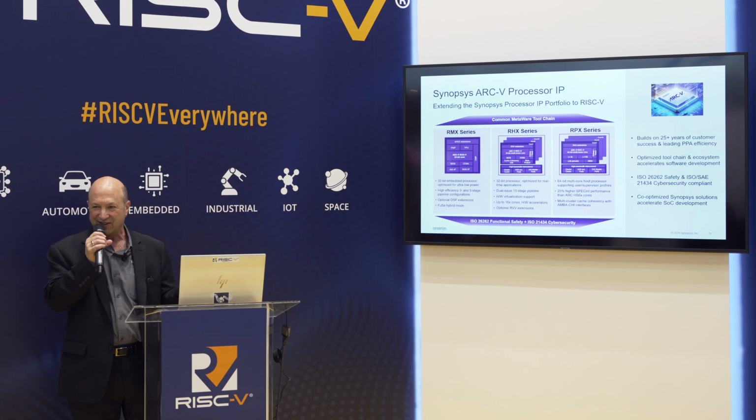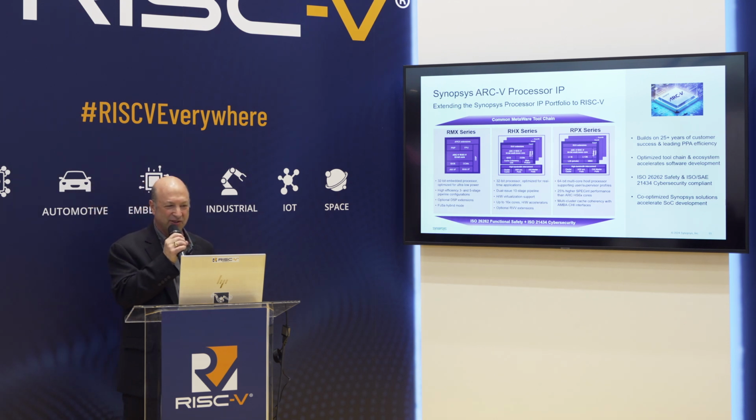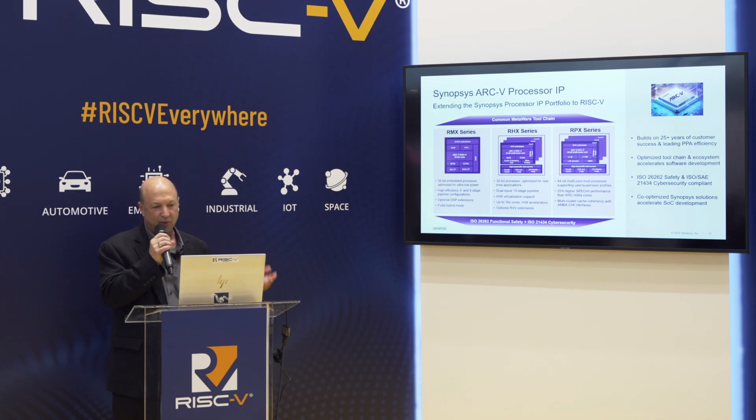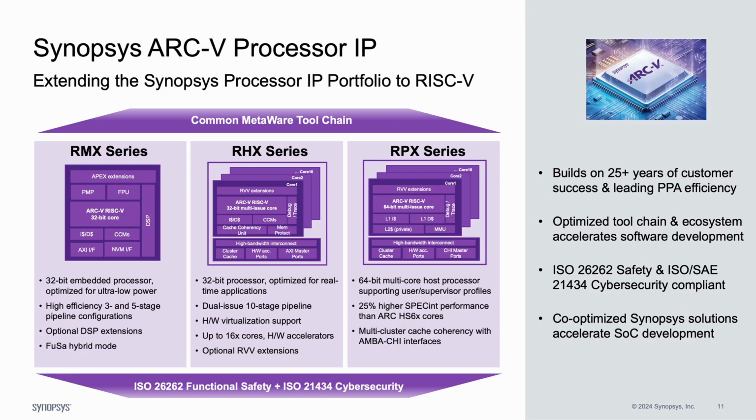Last but certainly not least is the ARC-V processor IP. Again, this is the ARC team that has been building processor IP for decades. We have three families of IP, the RMX, RHX, and RPX series.